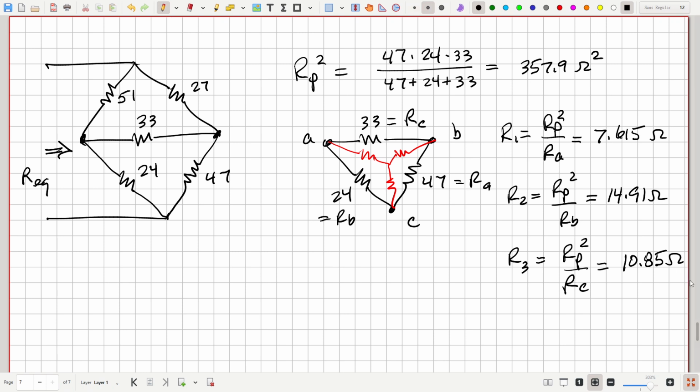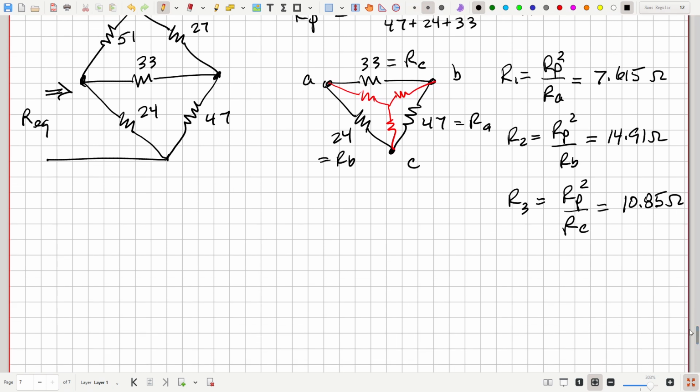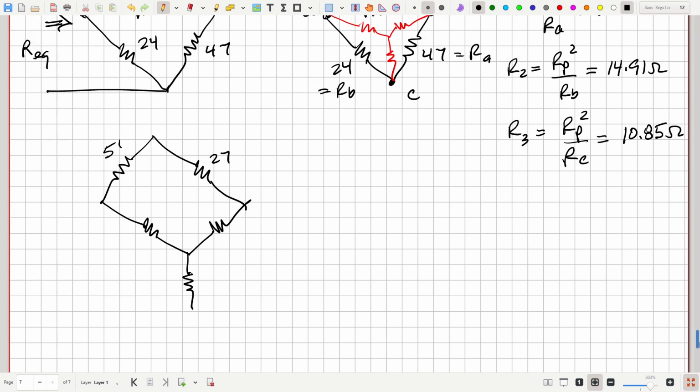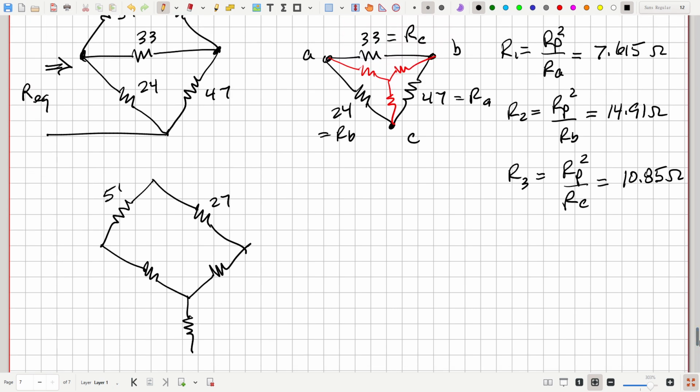And now what are we going to get? It's going to look like this. Now we've got the Y here. Okay, so we got 51 and 27 on the top. And then we got the Y values here, 1, 2, and 3.